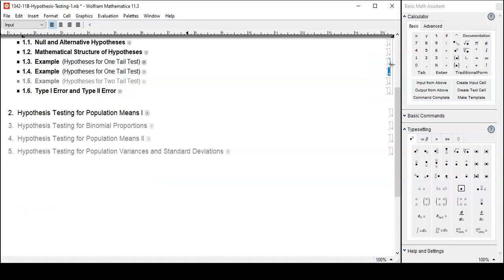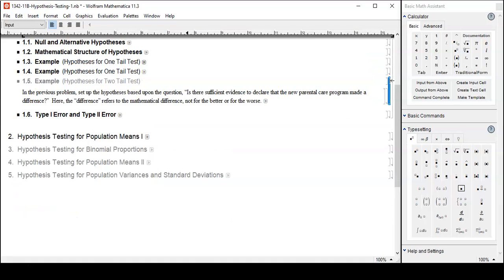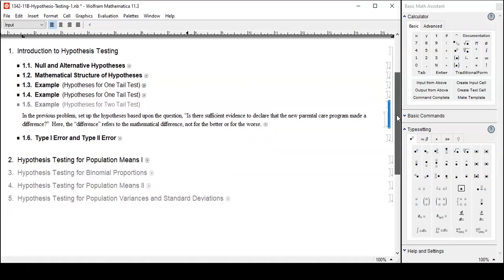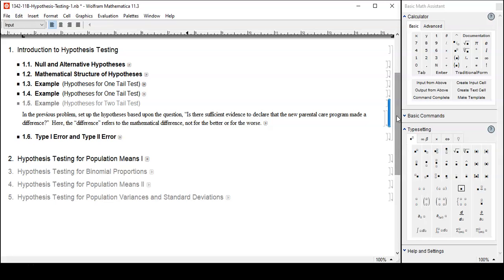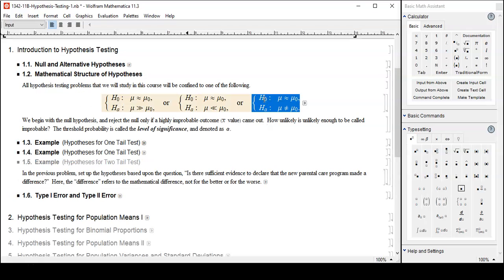Let's see, we have one more example problem here. And this is really a bad example problem. And part of the reason I wrote this problem is to show how bad this can usually be. Here we go. In the previous problem about the babies, set up the hypothesis based upon this question. Is there sufficient evidence to declare that the new parental care program made a difference? What do you mean by made a difference? Can we take it literally and difference is mathematical difference?